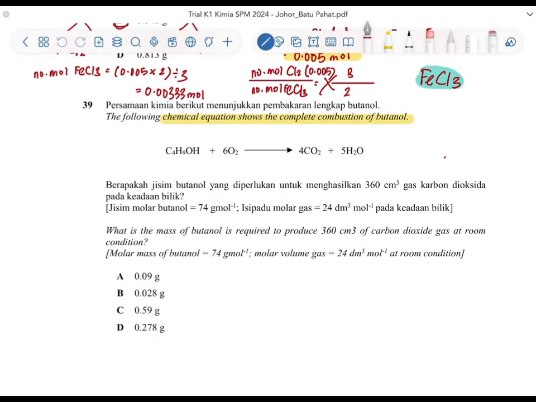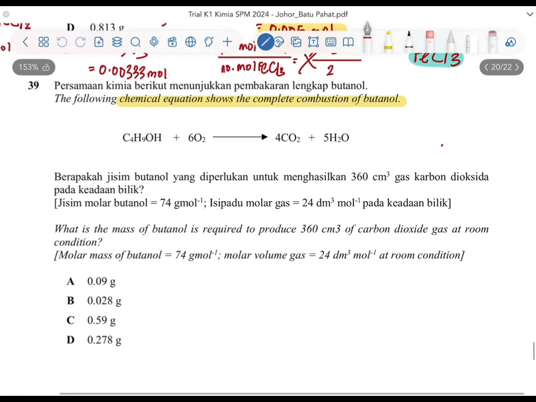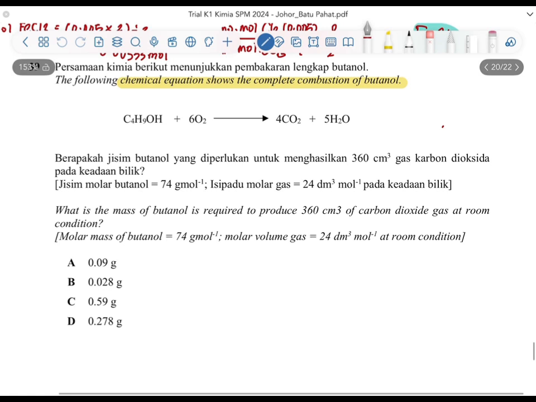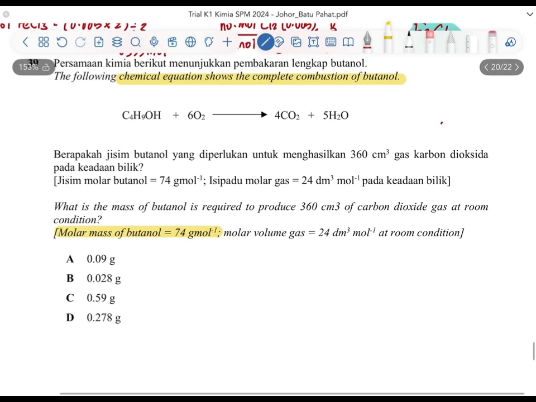Question: given a chemical equation that shows the complete combustion of butanol, it is asking what is the mass of butanol that is required to produce 360 cm3 of carbon dioxide gas at room condition. Given that we have this information, which is the molar mass for butanol is 74 gram per mole, and molar volume of gas, which is 24 dm3 per mole at room condition.